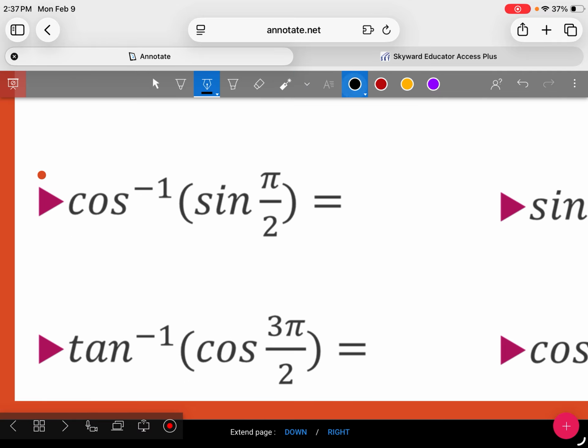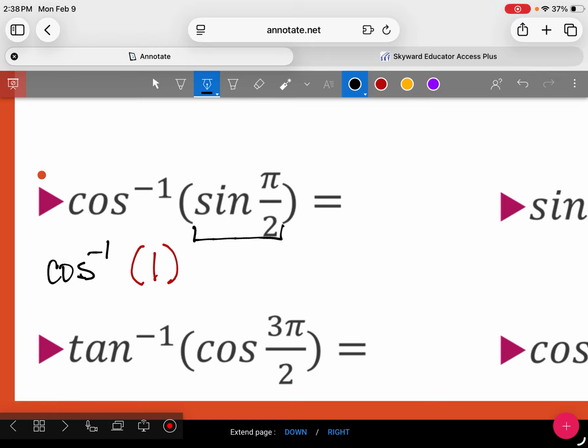So we're starting off by answering this question. What is the sine of pi over 2? The sine of pi over 2 is 1. So now that we know that, now that's what's on the inside of the parentheses. So now we're going to take the inverse cosine of 1.